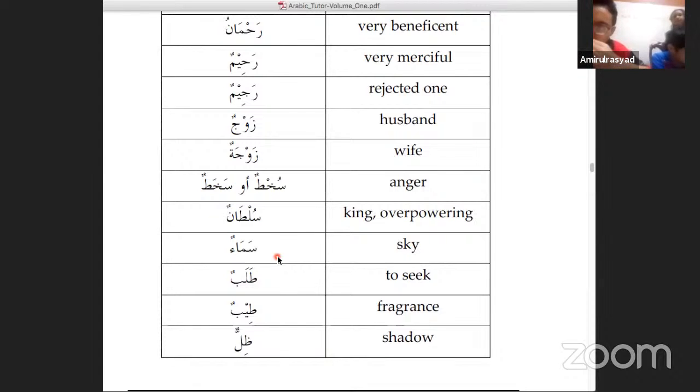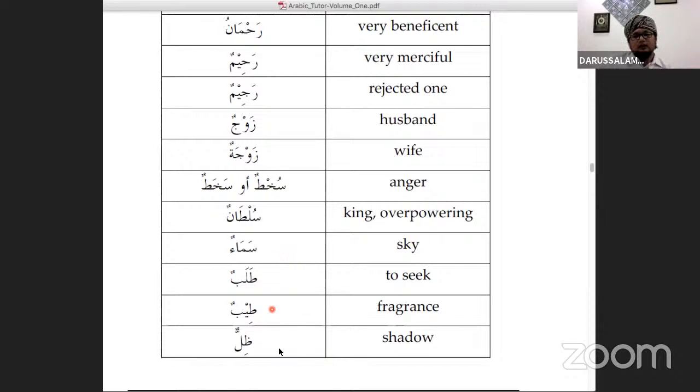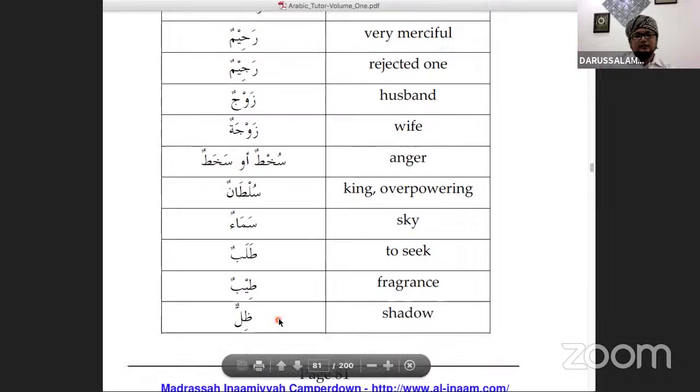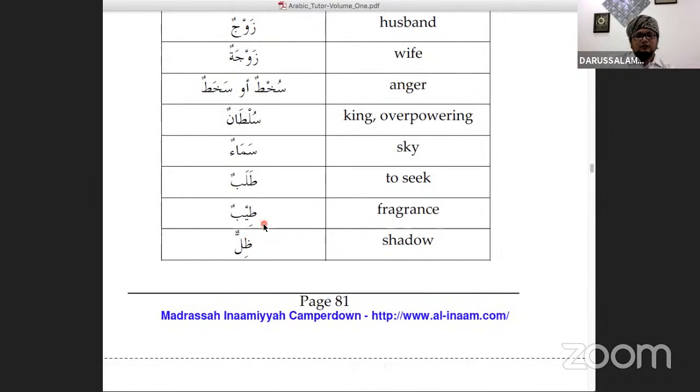Talab means to seek. Talabul ilmi, to seek knowledge. Tib. Next. Tib means fragrance.